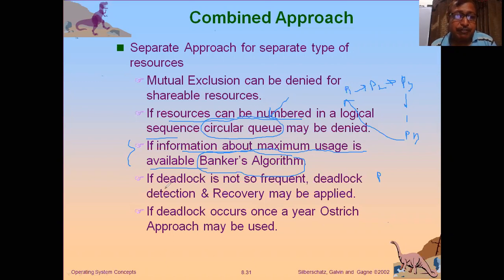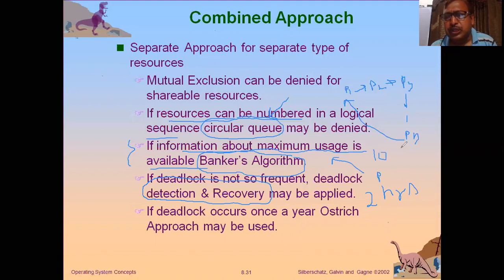There is another approach: if deadlock is not so frequent, we use deadlock detection and recovery. Suppose the deadlock happens every 2 hours, and Banker's algorithm takes 10% of my time. It is not wise to apply Banker's algorithm on every request, consuming 10% of the time.